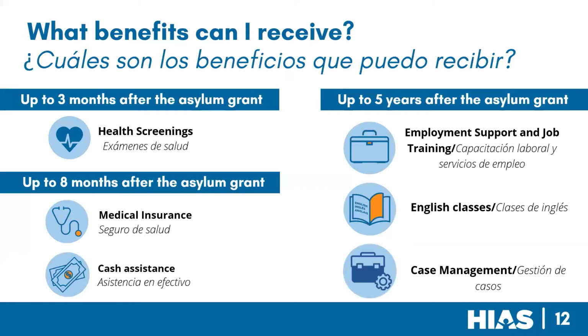So I really want to emphasize that it is really important that as an asylee, you reach out to a resettlement office as soon as possible, or if you are an attorney or caseworker, that you let your client know of the existence of these and help connect them with resettlement services as soon as possible following their asylum grant so that they can take full advantage of these services offered to them.